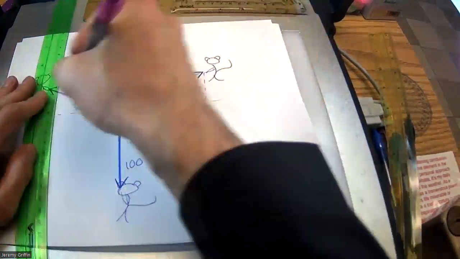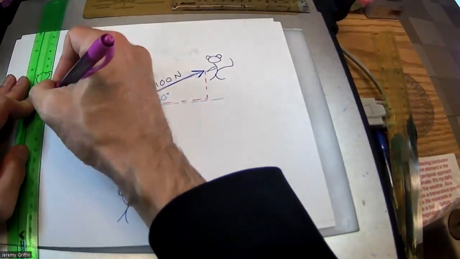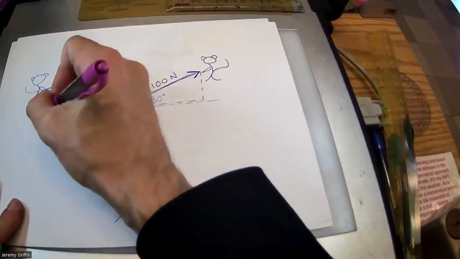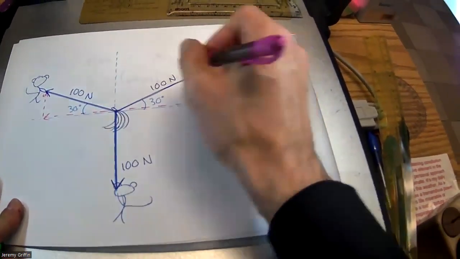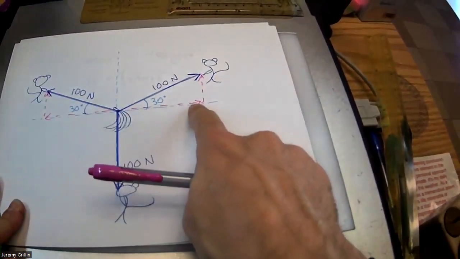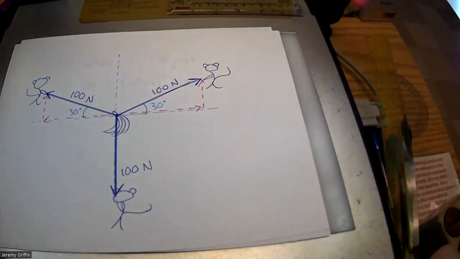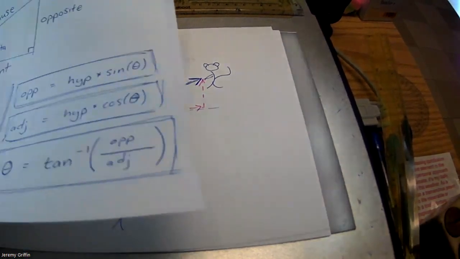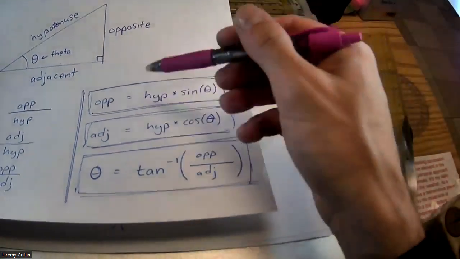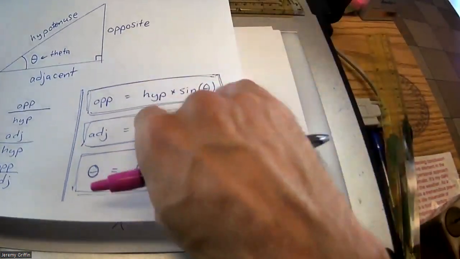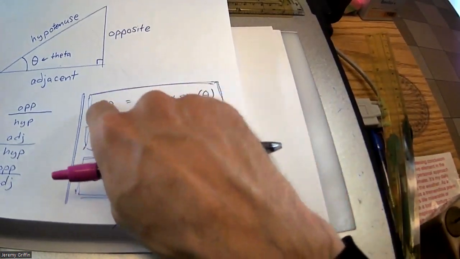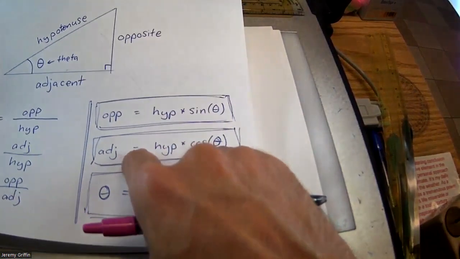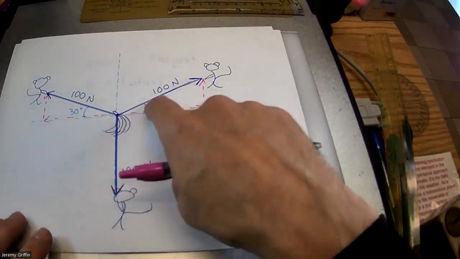So I can quantify how much to the right and how much up, and how much to the left and how much up. So how much left, how much up, how much right, how much up. Okay. Guys good? And we're going to figure that out by using this right here, right? If you know the hypotenuse and you know an angle, can you get the two legs of the triangle? That's exactly what we're doing.